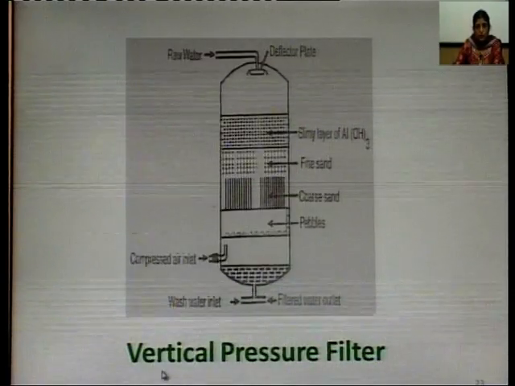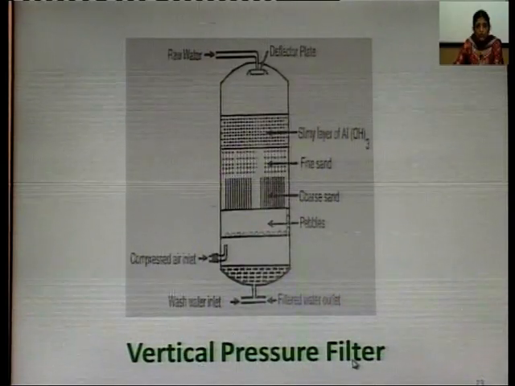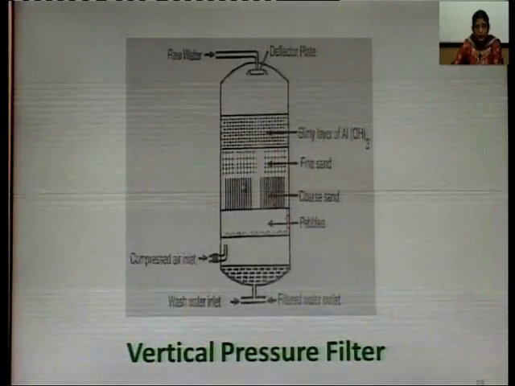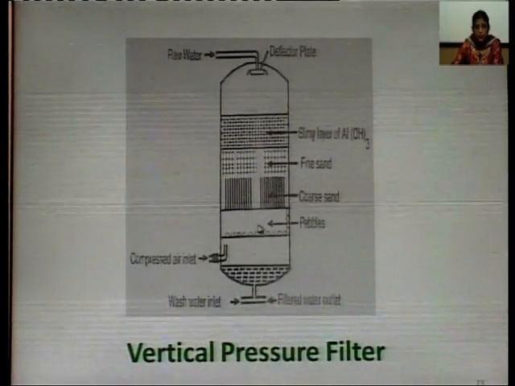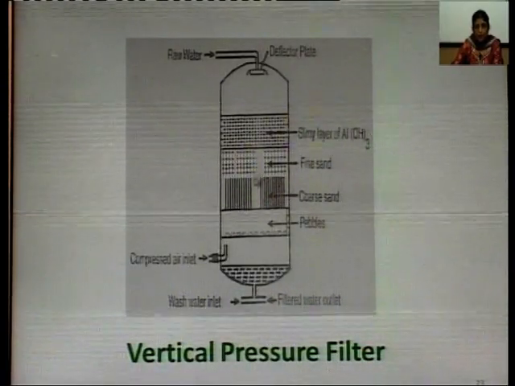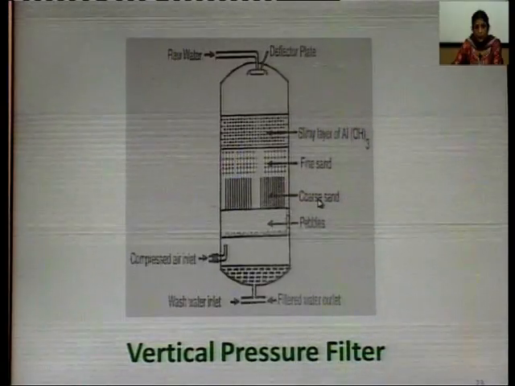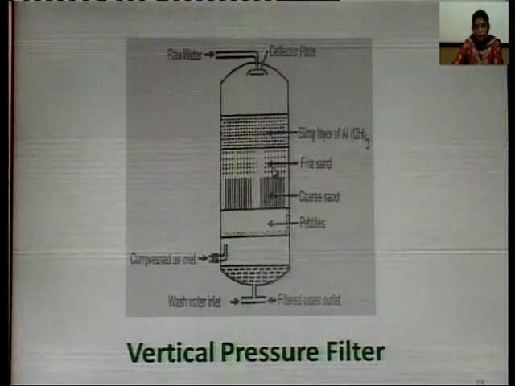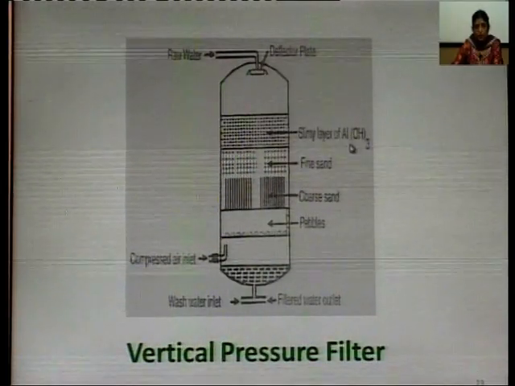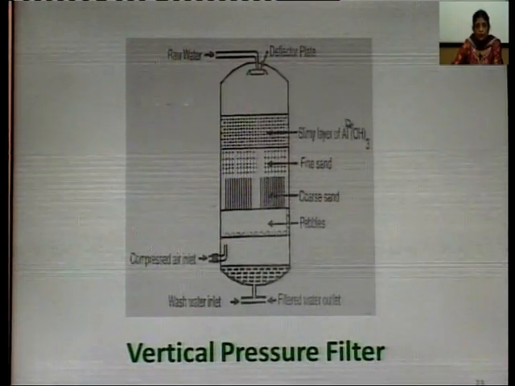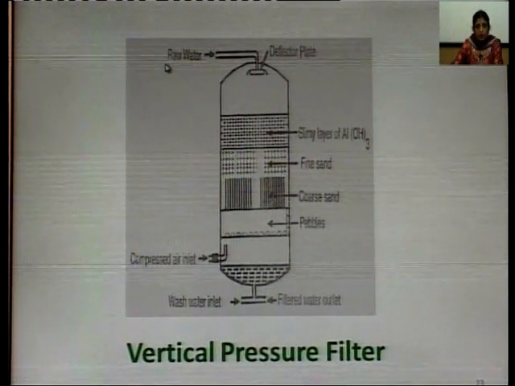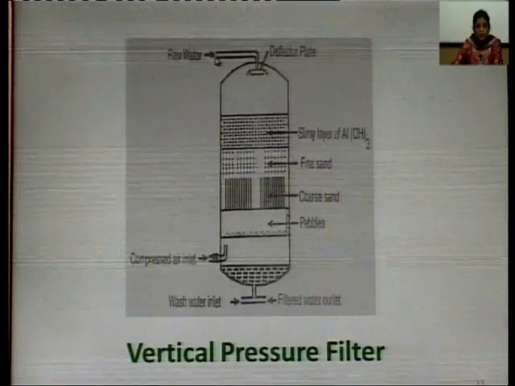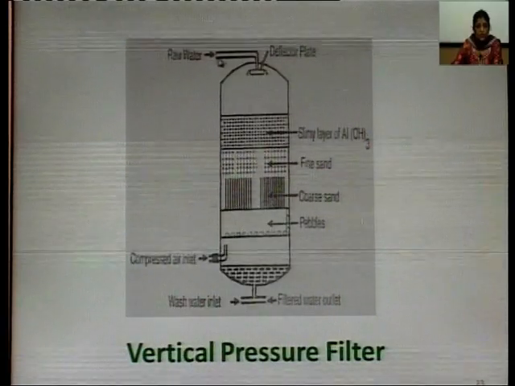So, you can see here the diagram for the vertical pressure filter. The lowermost layer is of pebbles, then the second layer is of coarse sand, and then the top layer is of fine sand. Above this fine sand there is a layer of alum, aluminium hydroxide, and from here raw water, meaning sedimented water, is passed.